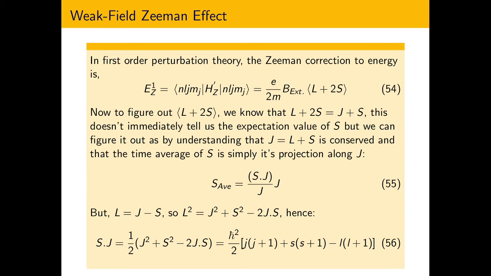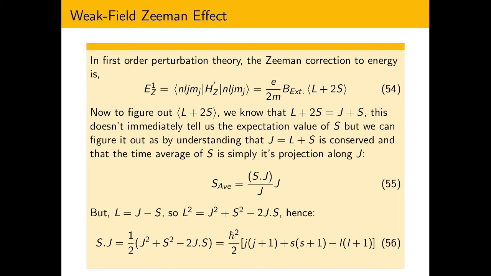Because at the end of the day, there are only certain quantities that are conserved in certain situations, and in this case, since the fine structure dominates, the conserved quantum numbers are n, l, j, and m_j, not m_l and m_s, and this is basically due to the spin orbit coupling that is visible here. Right? So due to this, we know that J plus S is conserved, but you should know that L and S are not conserved individually.